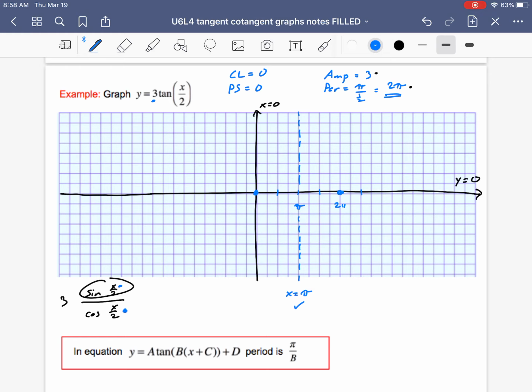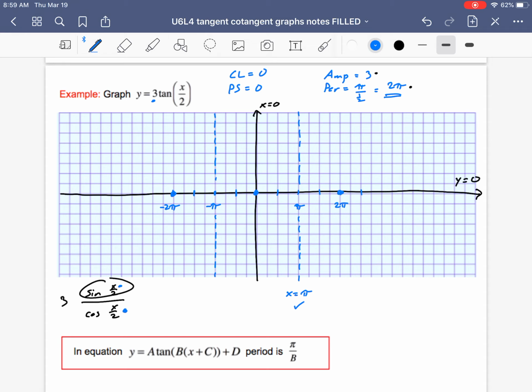Let's go the other direction. You guys can laugh at me trying to count these out. So that's pi, by the way. This is negative pi. This is negative 2 pi. 0 at 0, 0 at 2 pi, another 0 at negative 2 pi, and another asymptote at negative pi.